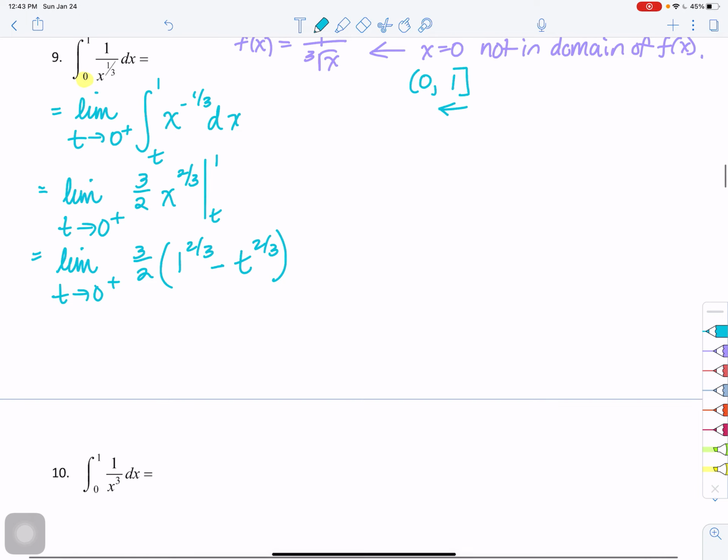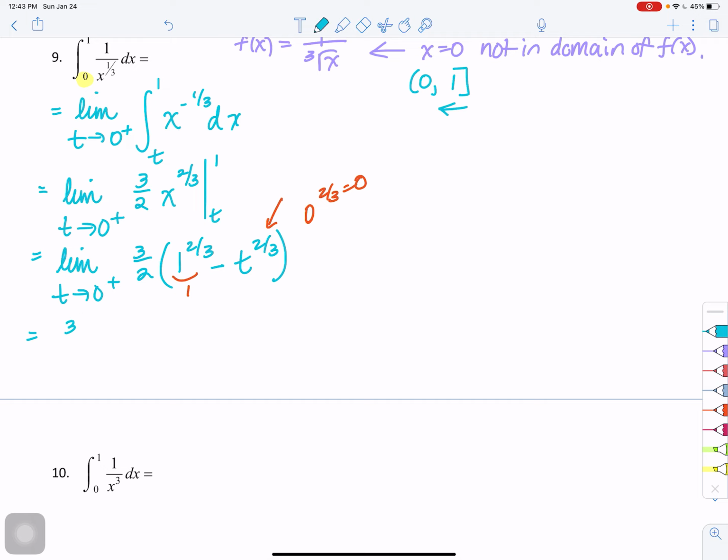Okay? And so now it's time actually to take the limit. We can take a peek at this. This is just going to be 1. And this here is 0 to the 2/3 power, and that's just going to be 0.